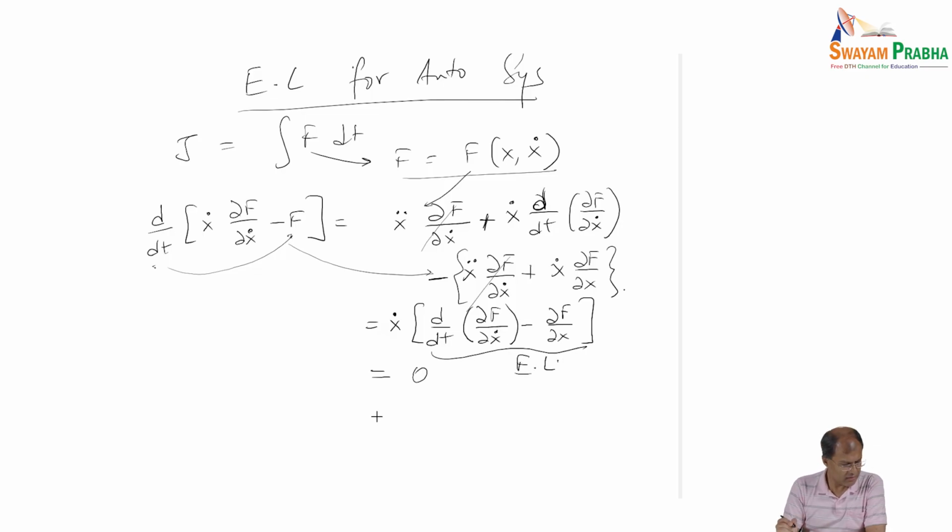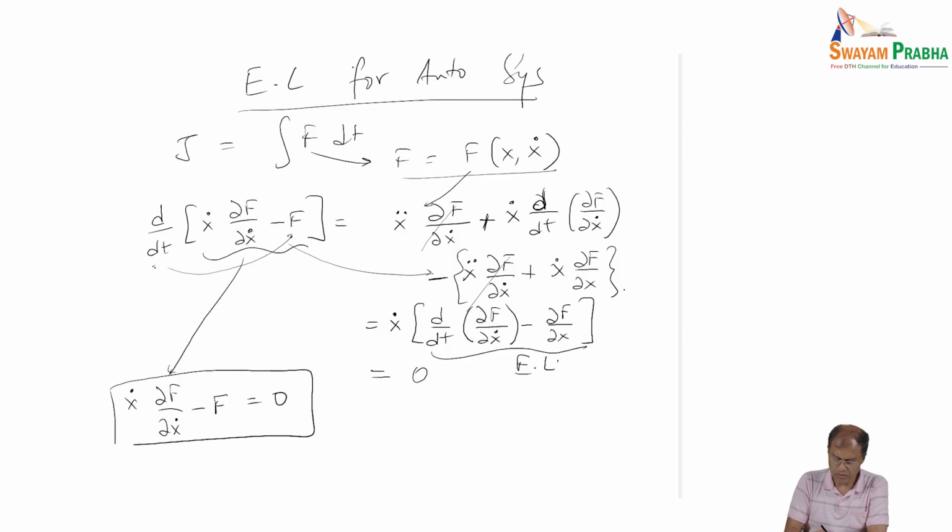So what we have is that if the time derivative of this quantity is 0, it means that the quantity x dot partial f partial x dot minus f is a constant. We call this specific case of Euler-Lagrange the Beltrami identity.